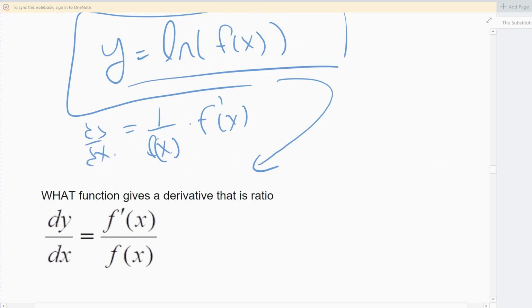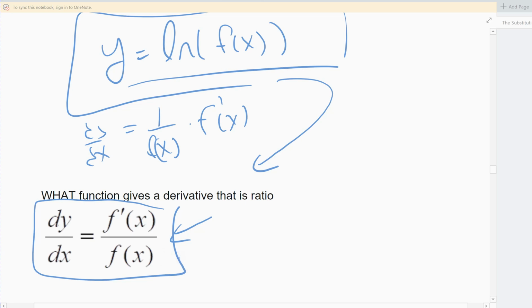That's the rule, the chain rule with the logarithm: 1 over the function inside times the derivative of the function inside, which can always be rewritten as this type of fraction, right? So remember, we're working backwards, antiderivatives.